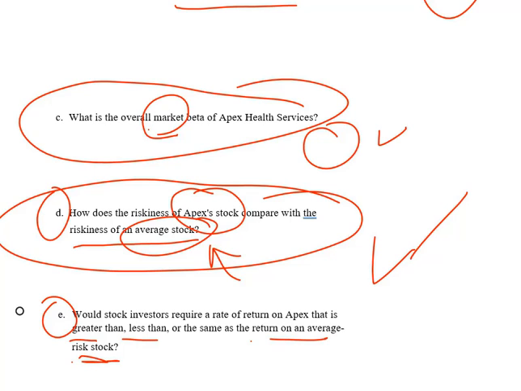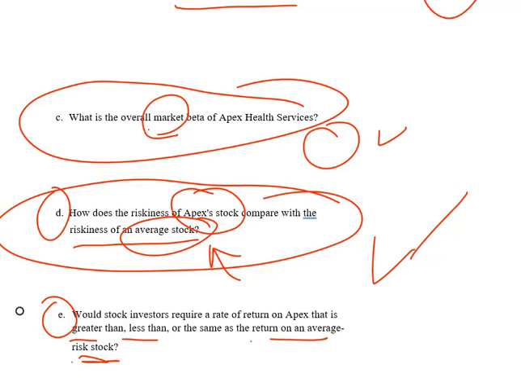Again, you're going to look at those two betas and think: the beta I calculated may be more or less than the beta of the market. If it's less, what would investors require? If it's more than the overall market, what would investors require?